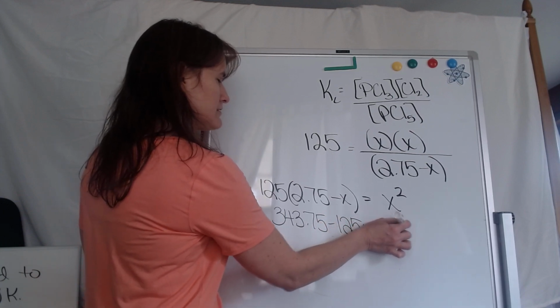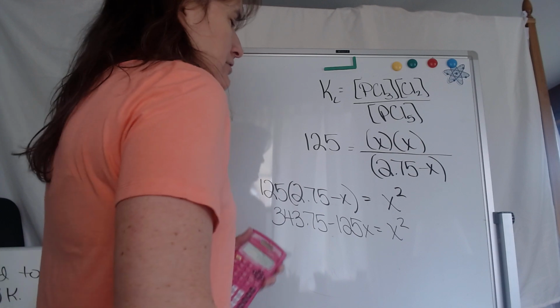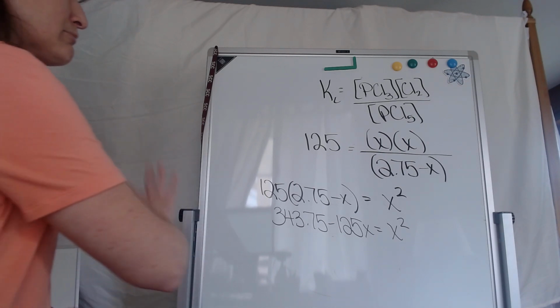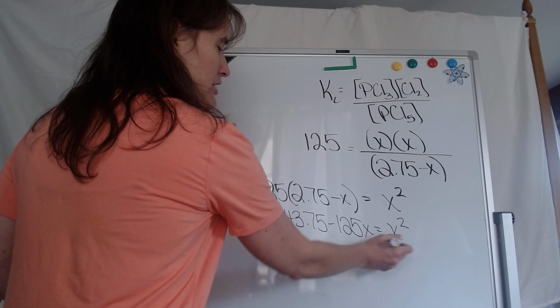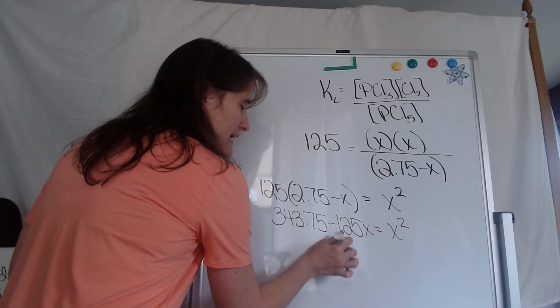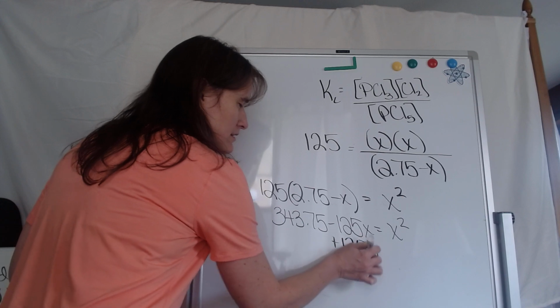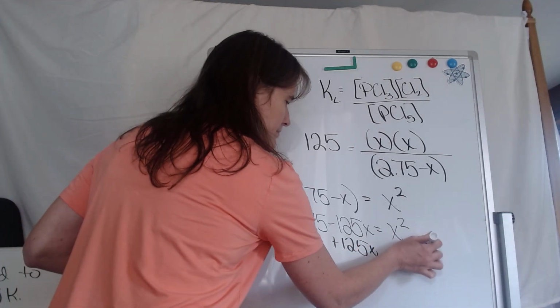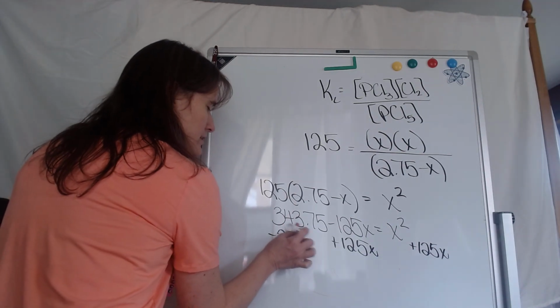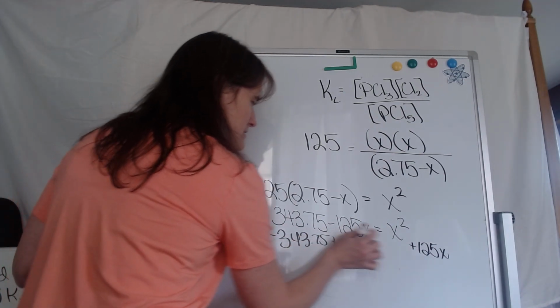equals x squared. Now you have to get all of the variables on one side because you have an x squared and an x and a number term, so you're going to have to use the quadratic equation. So you're going to move everything over to where the x squared is. I'm going to add 125x to both sides, and I'm going to subtract 343.75 from both sides.